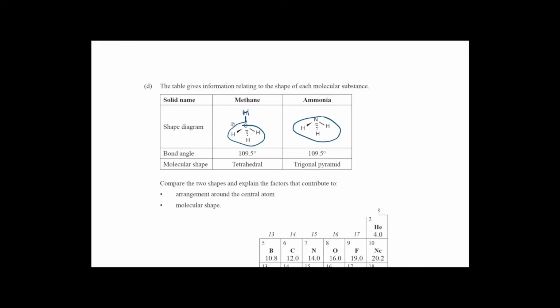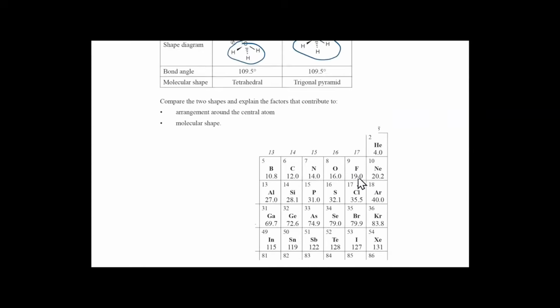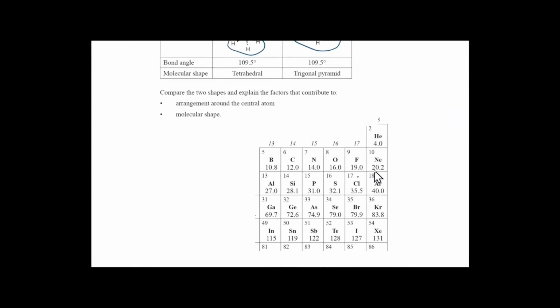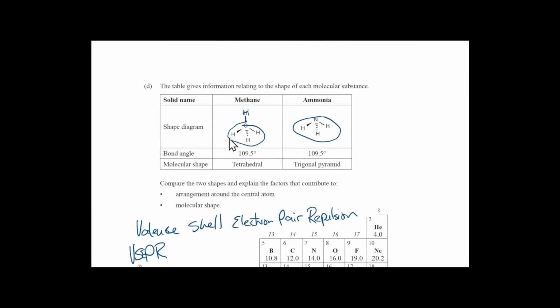So why the difference? Well, the difference has to do with VSEPR. VSEPR is valence shell electron pair repulsion analysis. All right, so that tells us pretty much everything that we need to know at this level anyway about the shape of these molecules.